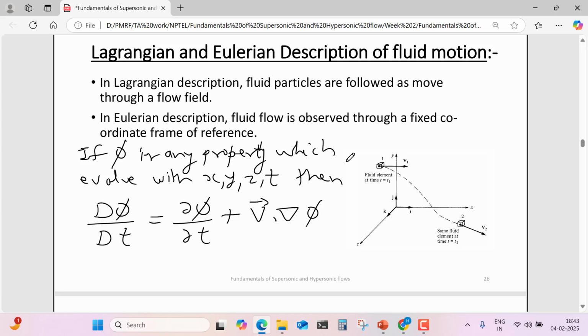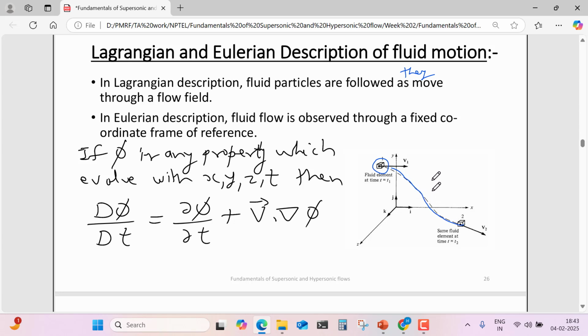For finding the fluid motion, there are two descriptions. One is the Lagrangian description and another is the Eulerian description. In Lagrangian description, fluid particles are followed as they move through a flow field. So let's say there is this one fluid particle and it is moving through a field. Then we follow this fluid particle.